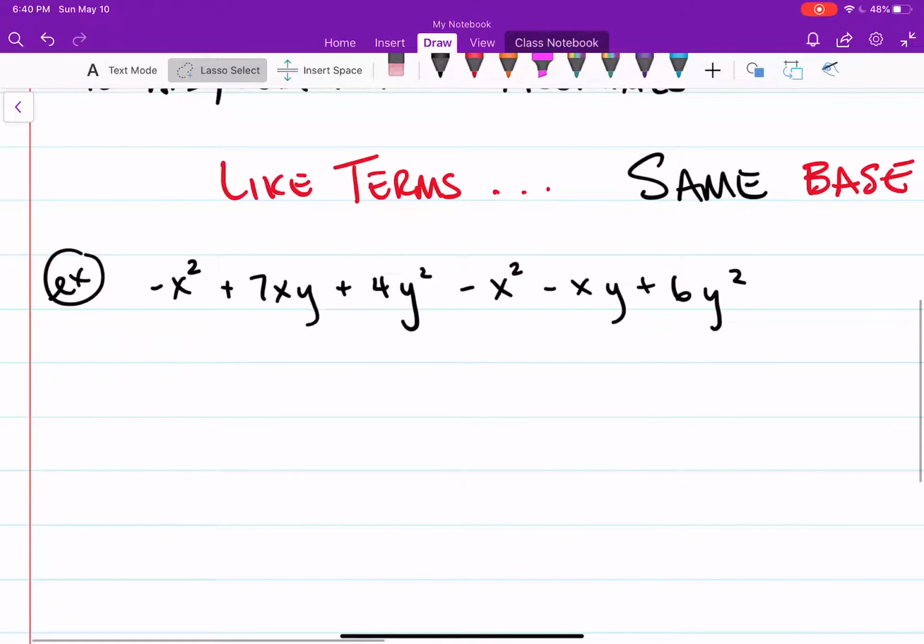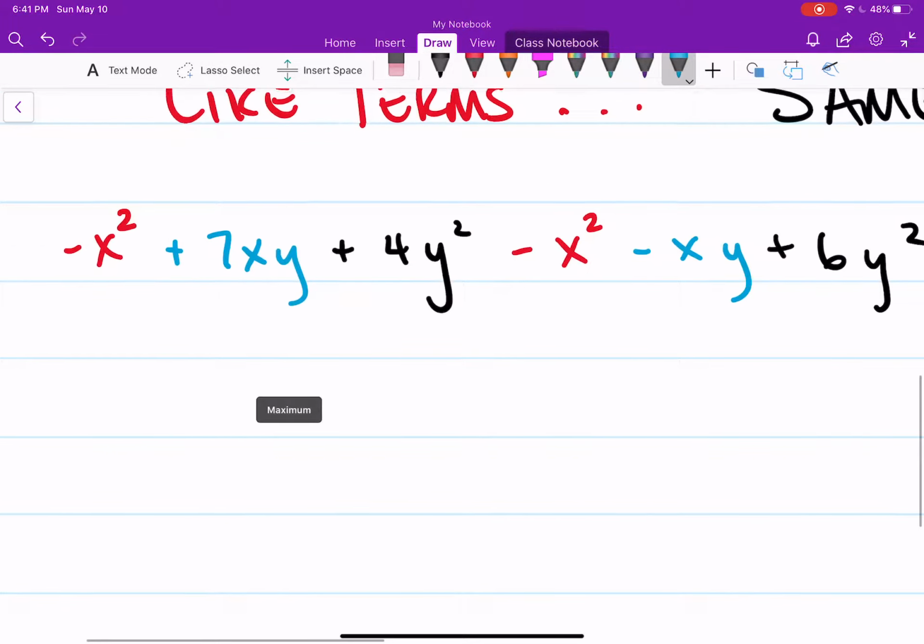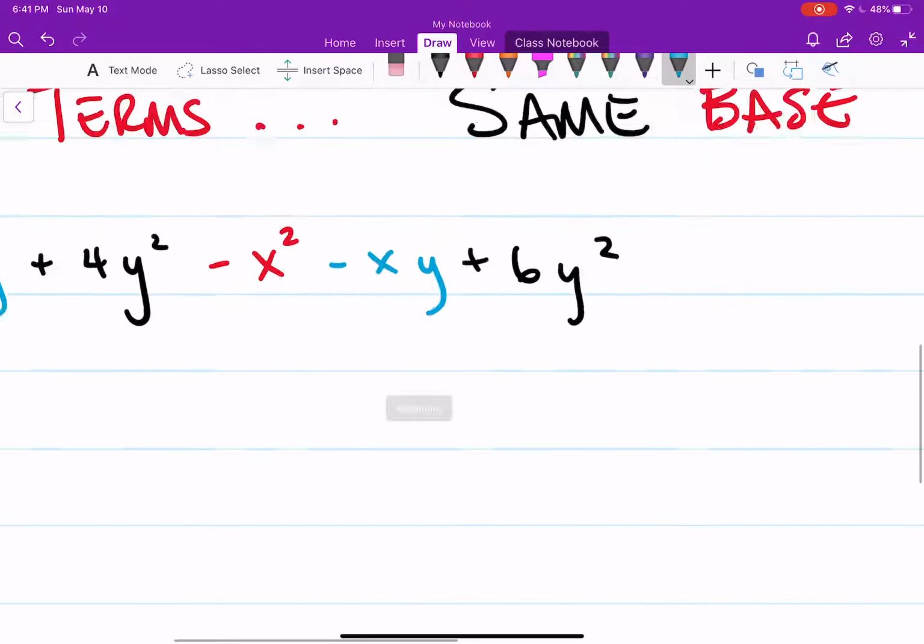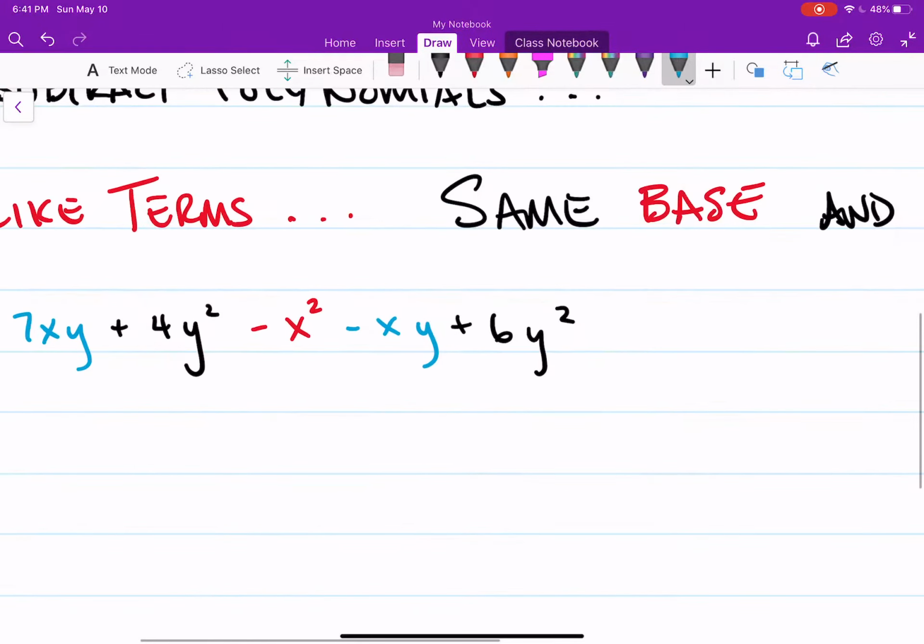All right, so here's an x squared. And here's an x squared. But they're not just x squared, they're actually negative x squared. Negative 1x squared, really speaking. Okay? Then let's see here. So these are both xy, right? X to the first power and y to the first power. X to the first power and y to the first power, right?